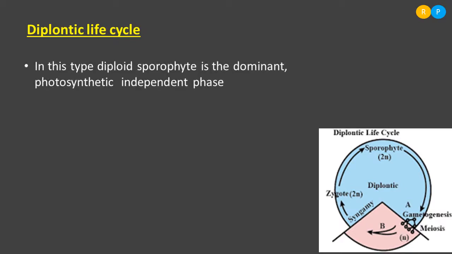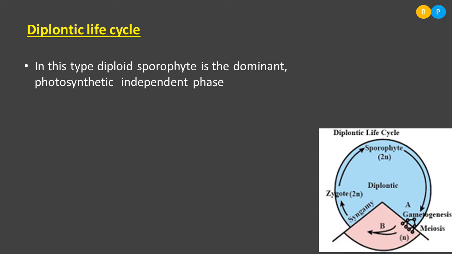Understood? So, in the diplontic life cycle, the diploid sporophyte is dominant and it is the photosynthetic independent phase of the plant. So, you take any plant example in the gymnosperms or angiosperms, the main plant itself is called a sporophytic plant because it has two sets of chromosomes and during reproduction it produces spores.